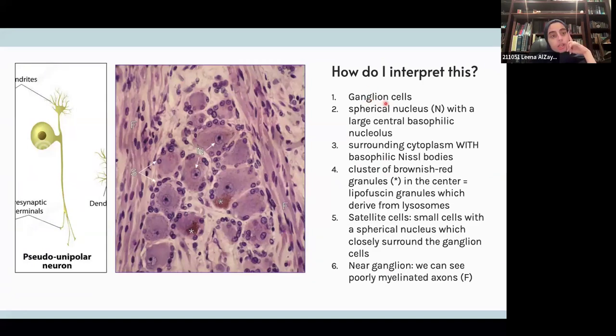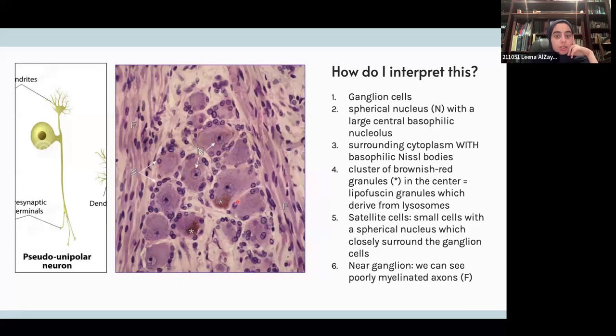It's a ganglion cell with a spherical nucleus. So you see how very circular and spherical it is. It's a large central basophilic nucleolus. You see how dark the nucleolus is inside the nucleus. It's very dark. You have surrounding cytoplasm, and sometimes you can encounter these brownish red lipofuscin granules, which are derived from lysosomes.